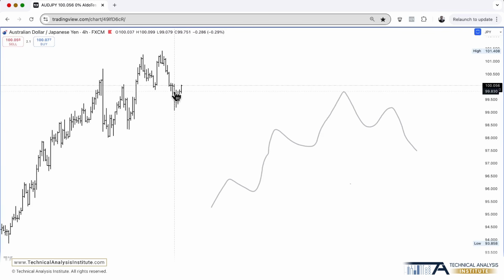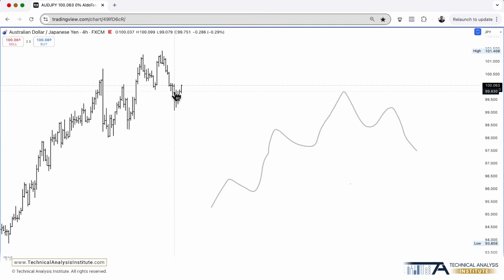There is another reason why we must learn the wave principle, and that is because Elliott identified the use of Fibonacci. It was Ralph Elliott who pioneered the use of Fibonacci.